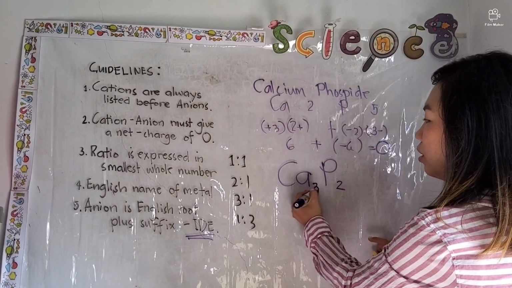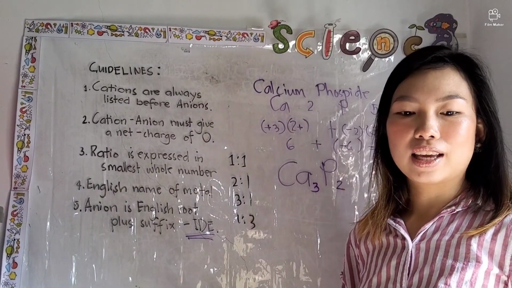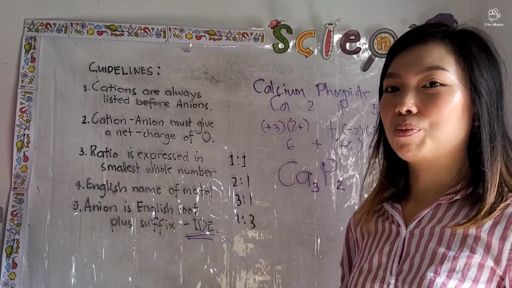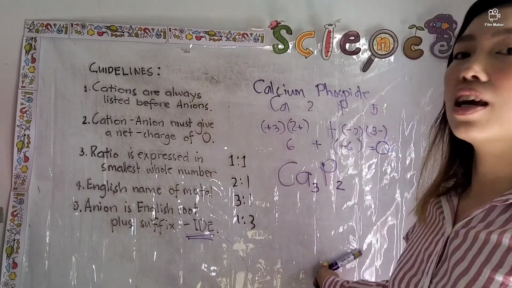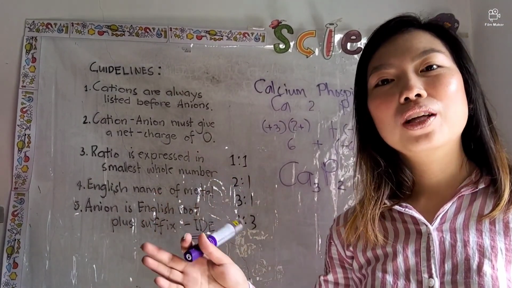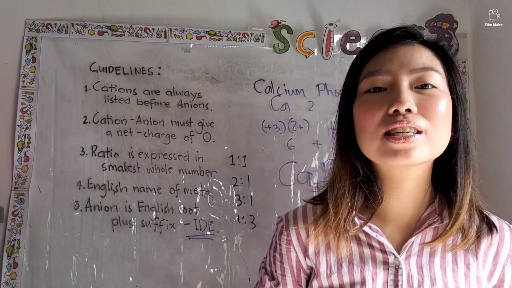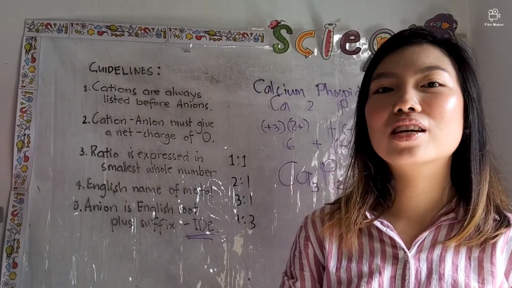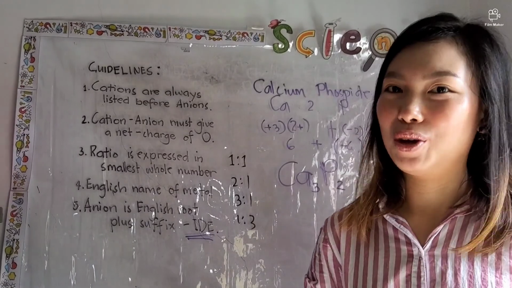So, dito mapupunta yung 3. And then the chemical formula for the calcium phosphide is Ca3P2. So that is how we show the formation of ions in a chemical compound such as ionic compounds.